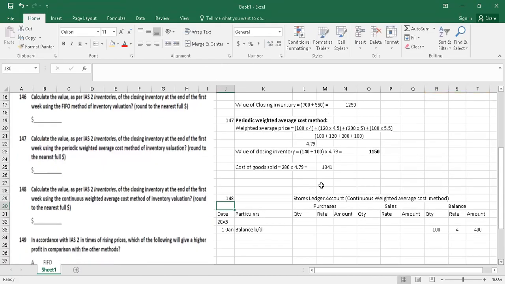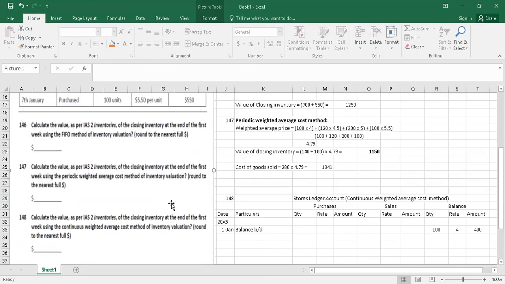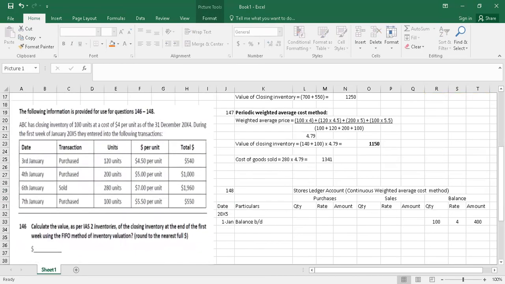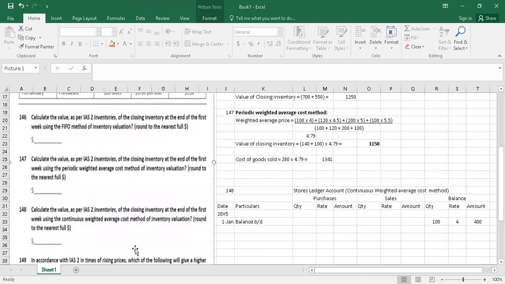Solve this one. The format which you have already drawn in your notebook, use that one.